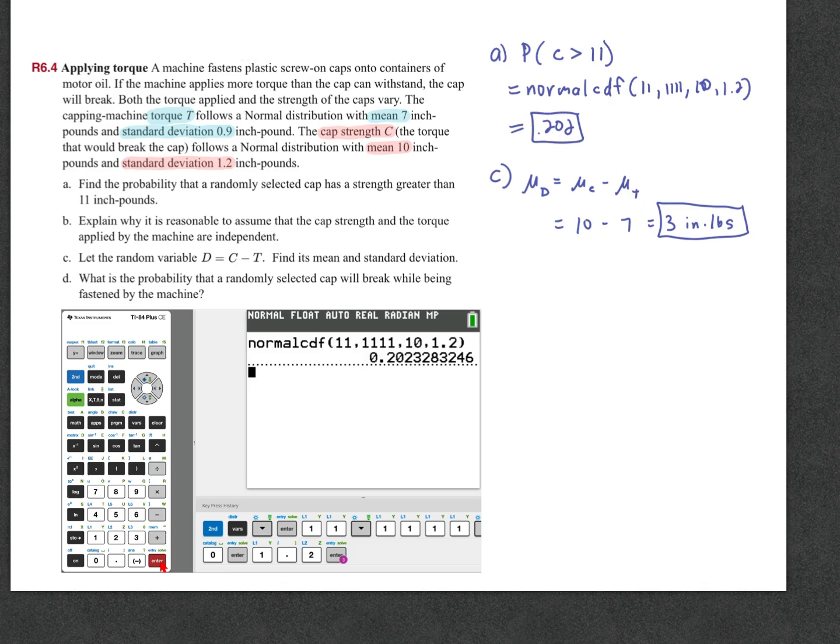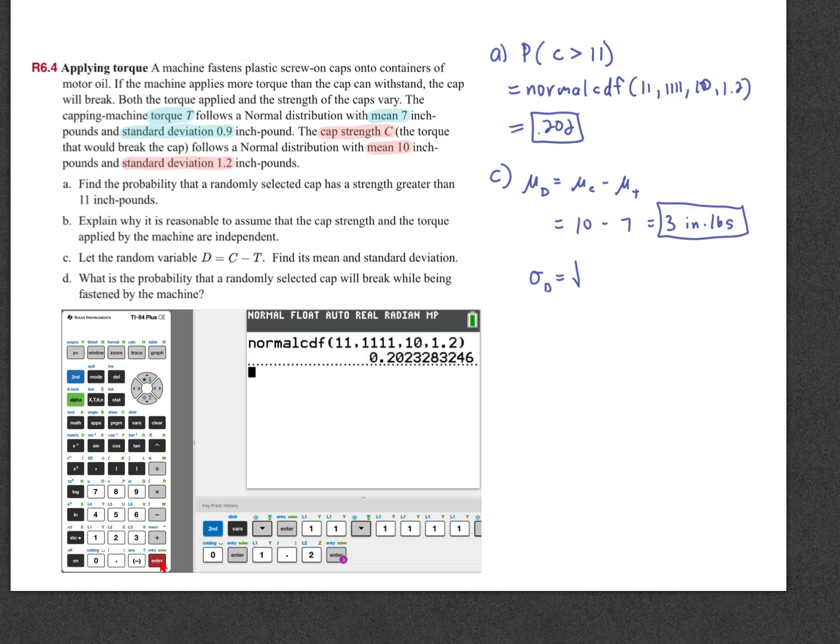That's straightforward, but the standard deviation is different when you're adding or subtracting two or more distributions. You can't just add or subtract their standard deviations. We did that in another problem, but we'll do it again. We can add variances.